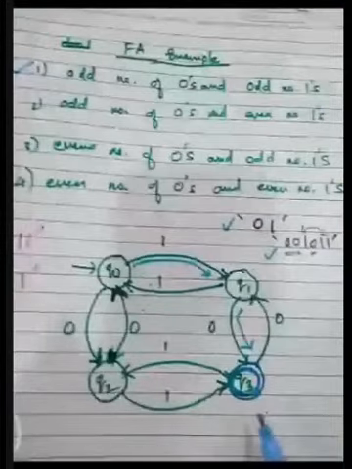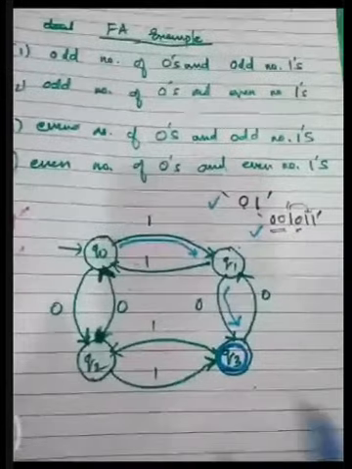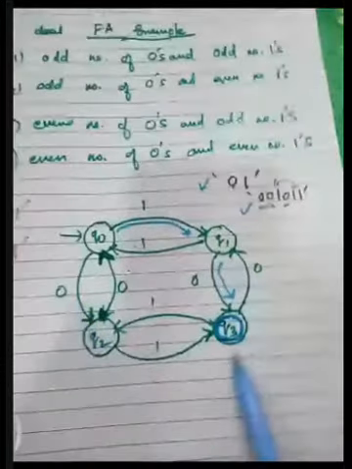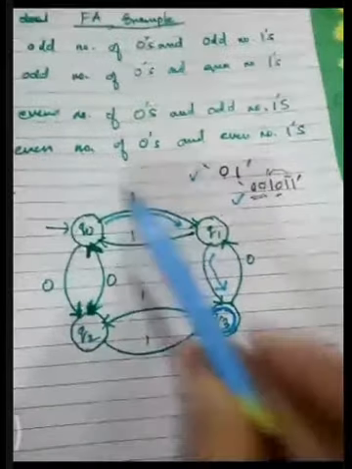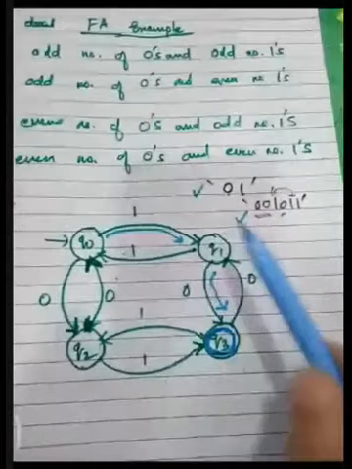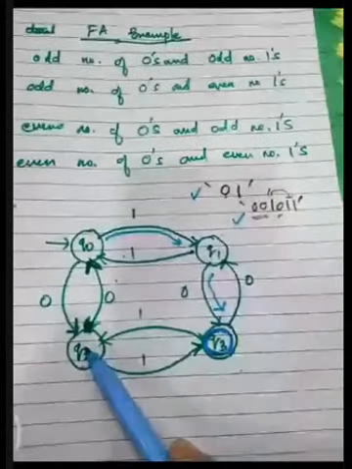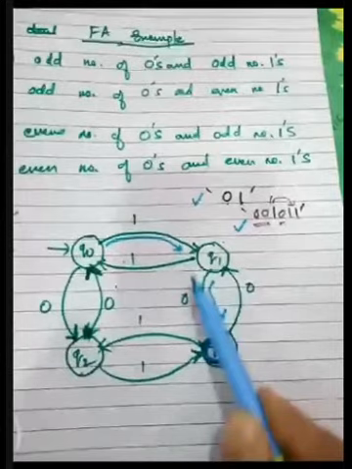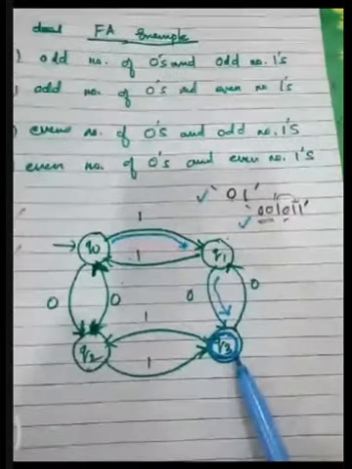For the first case, with 0 we are moving to 0, and with 1 we are moving to Q3. For the first case, Q3 is okay. For the second case, 0, 0, 1, then 0, then 1, and then again 1.